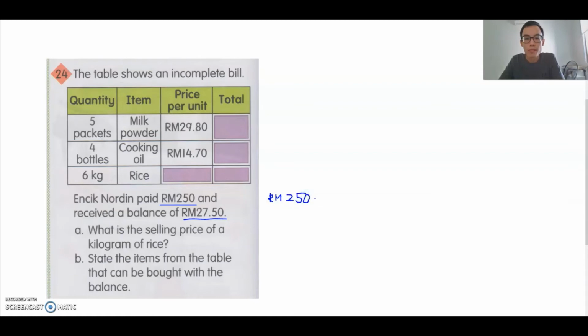So the money he paid minus the balance. Okay, the money he paid minus the balance that he received, we get 222 ringgit and 50 cents. So this is the total bill.